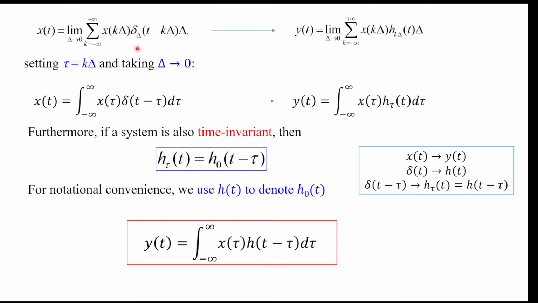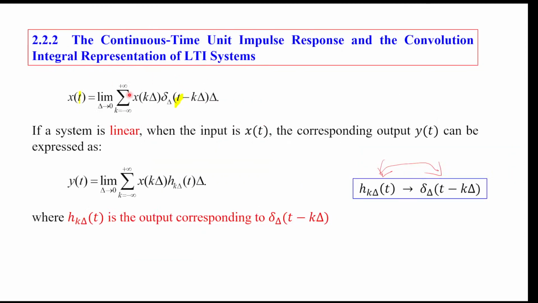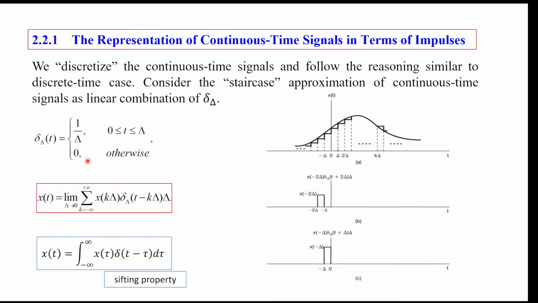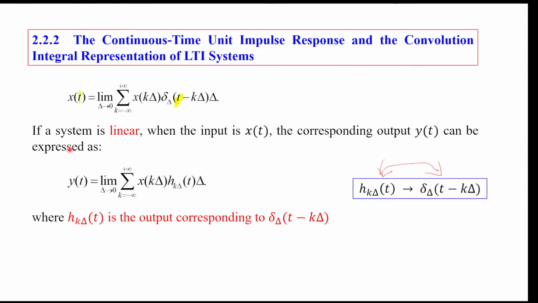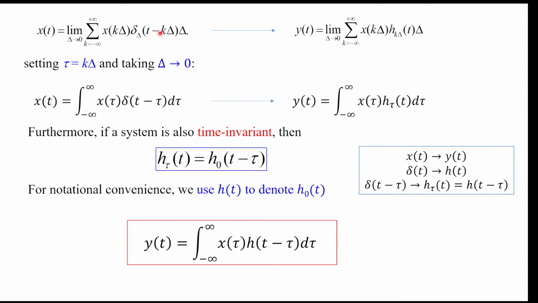Then delta sub-delta, when delta goes to 0, becomes a delta function. This is a very weird delta function. Remember before, this thing, when delta goes to 0, became delta of t. Now it's similar: it's delta of t with a time shift, because k delta is tau, so it's delta of t minus tau. And then this delta, when it goes to 0, becomes an infinitesimal element of your integration, so this is just d tau.